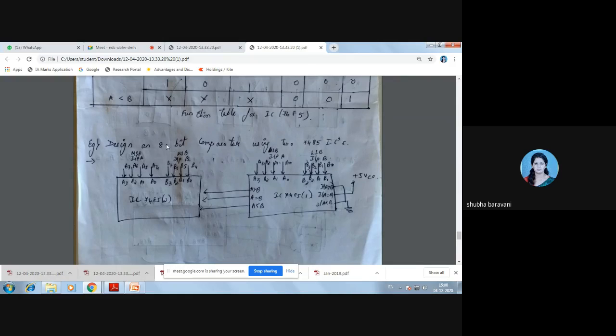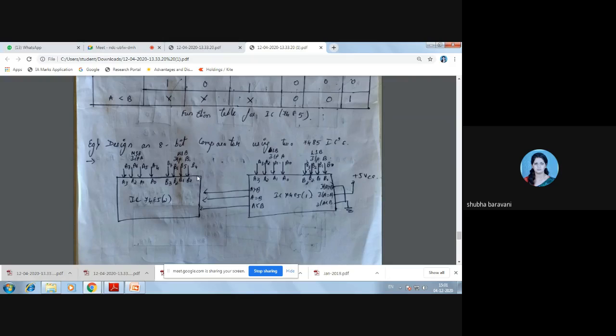Is there any problem in giving the inputs? No, ma'am. Up till connecting the inputs, there should not be any problem.